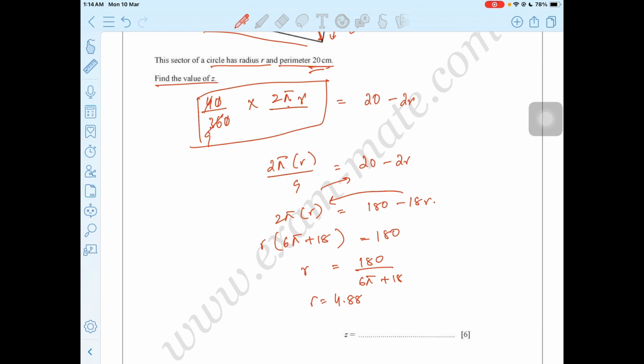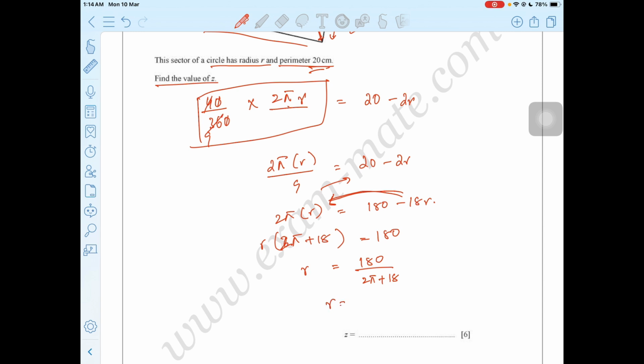Yes, this is perfect. And then this r goes over there, so this would be 2 pi plus 18. So we'll update our r over here. Our r would be 180 over 2 pi plus 18.